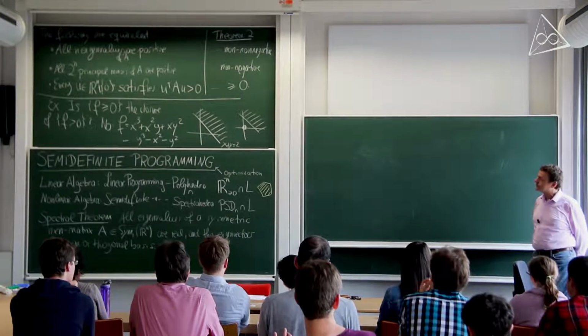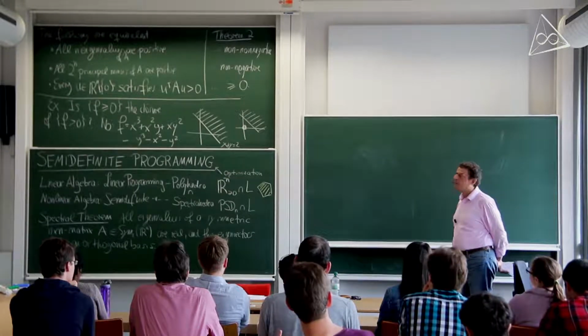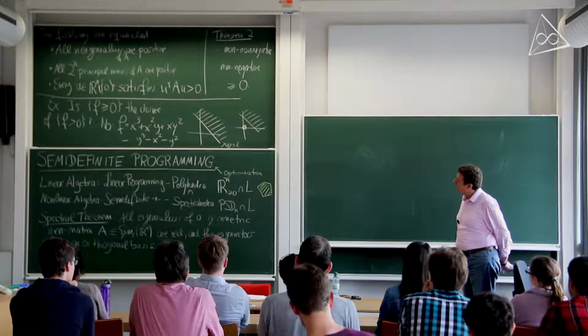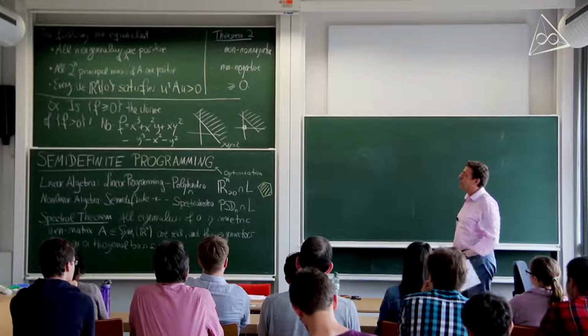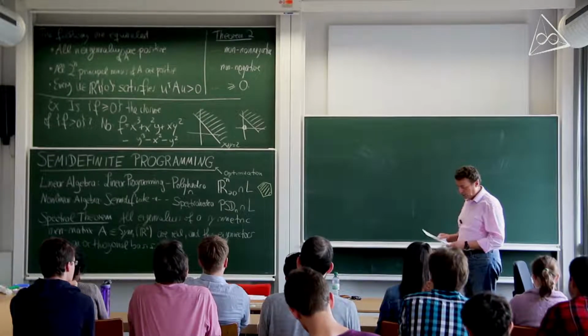There are matrices that are not positive semi-definite that have the first n principal minors non-negative, so it's exactly the same thing. But if we take enough principal minors, in particular if we take all principal minors, then we pass gracefully to the closure.